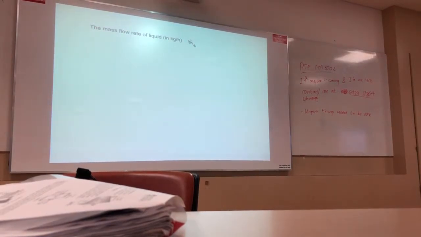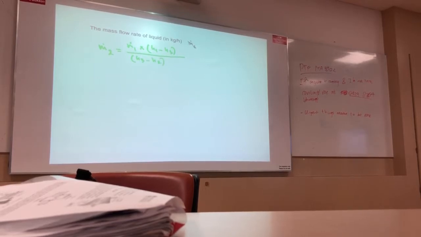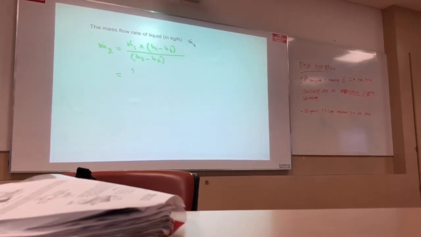Okay, what is the mass flow rate of liquid? You can get it easily, right? M dot 2 becomes M dot 1 times (H1 minus H3) divided by (H3 minus H2). M dot 1 is given, right? 50,000 kilogram per hour.